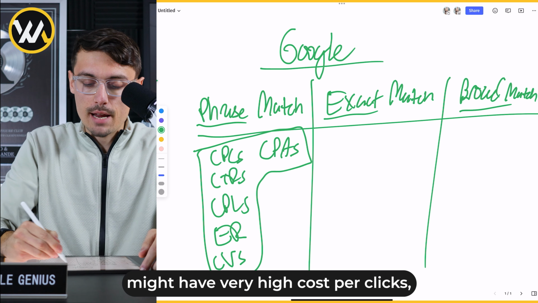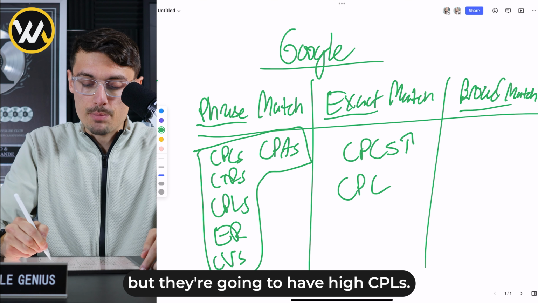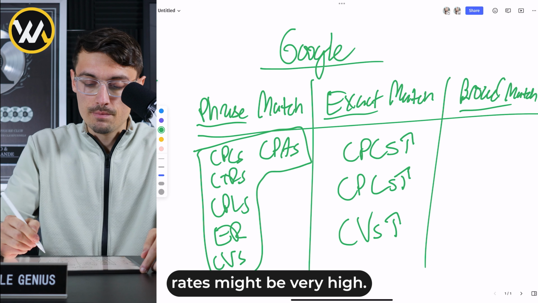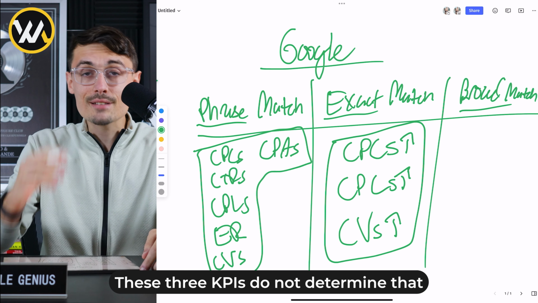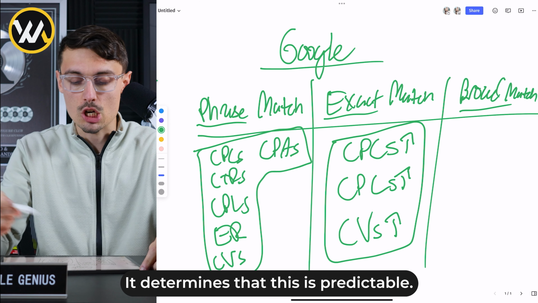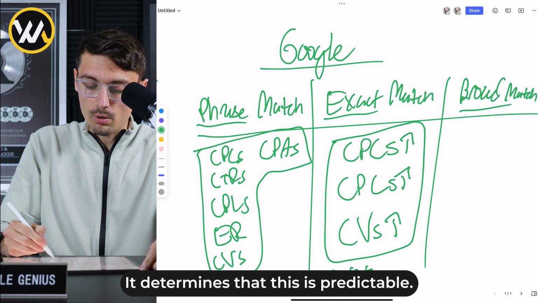Exact match campaigns might have very high cost per clicks, but they're going to have high CPLs, but your conversion rates might be very high. These three KPIs do not determine that this is an expensive thing to have. It determines that this is predictable.